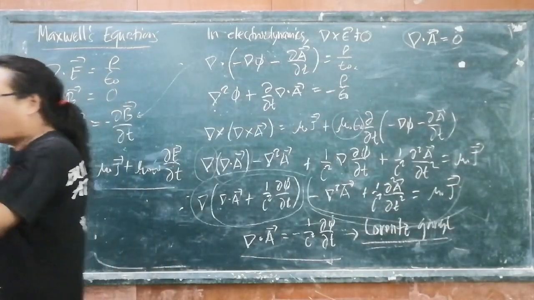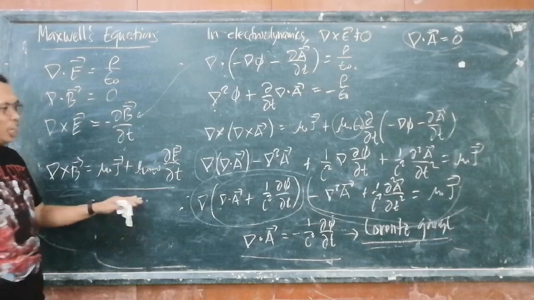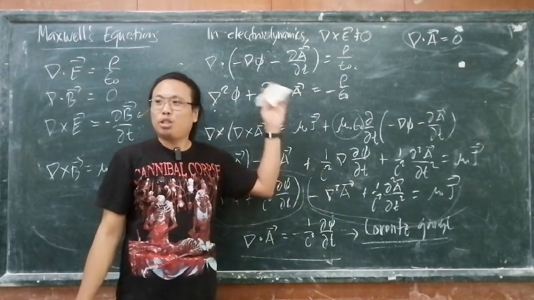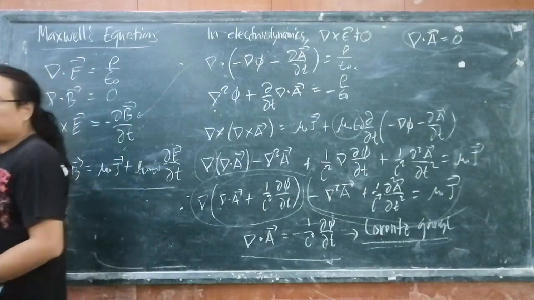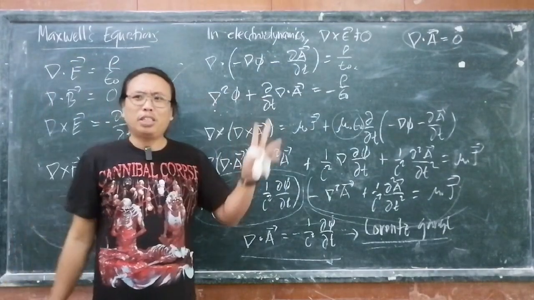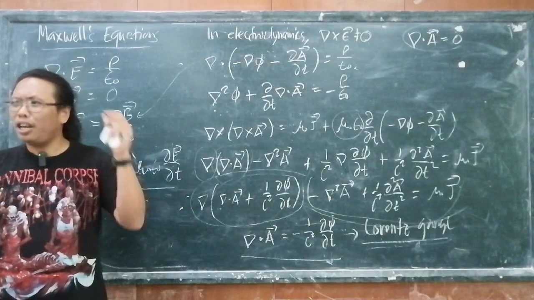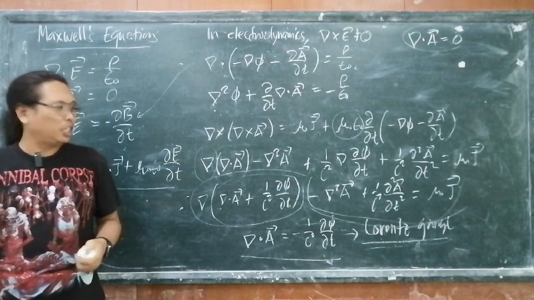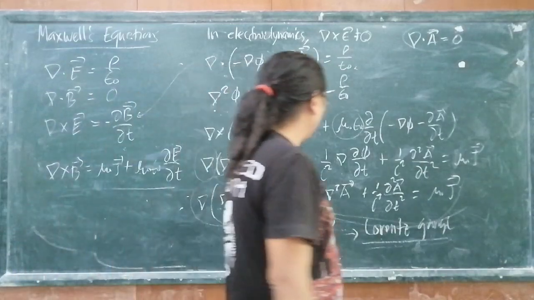Yes, there are many other famous gauge transformations, but these are the two most famous. In Griffiths, I think only two gauges are mentioned. Did he mention other gauges? No, okay.